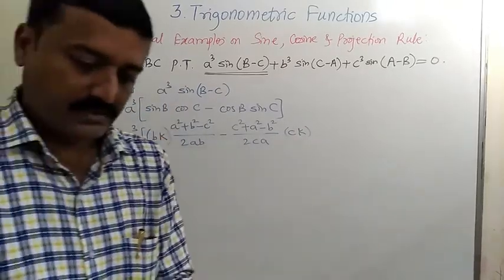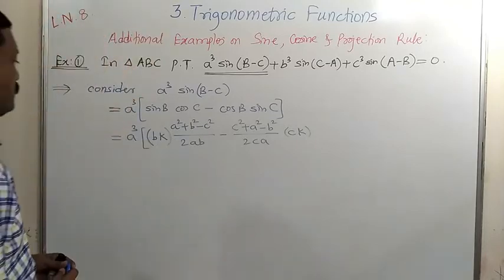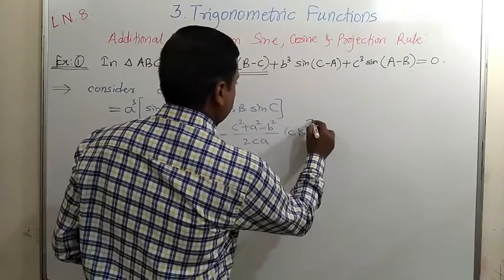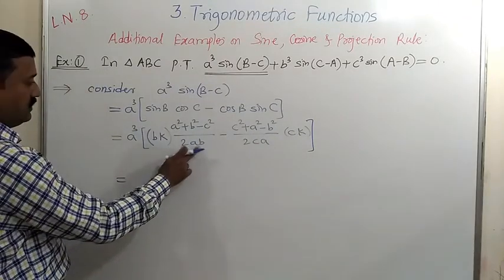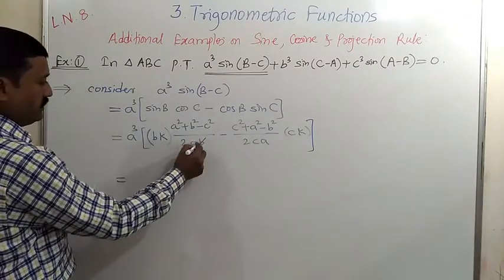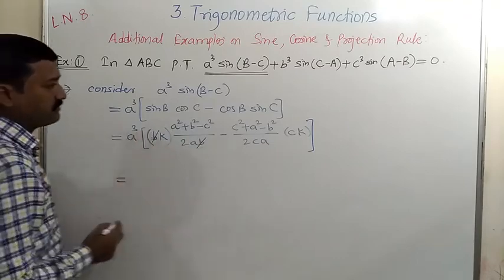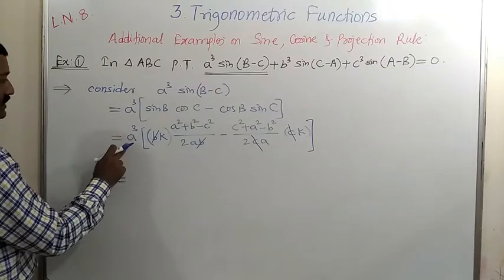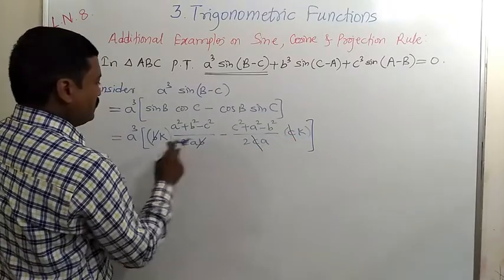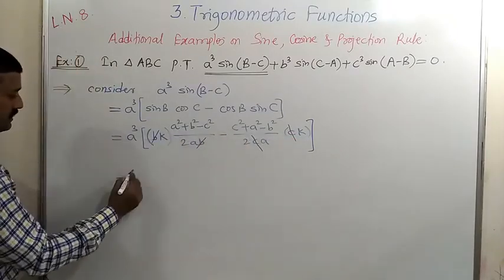Now here one term B gets cancelled, this B with this B, and this C with this C. Remains A cube. K is common in both terms, so take it outside.